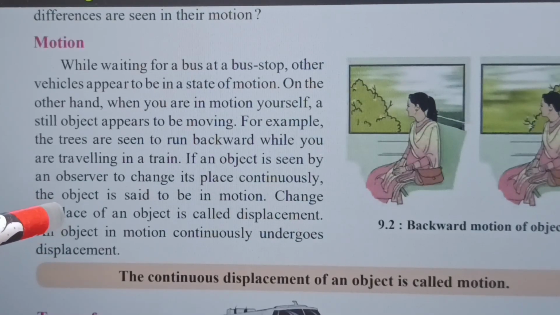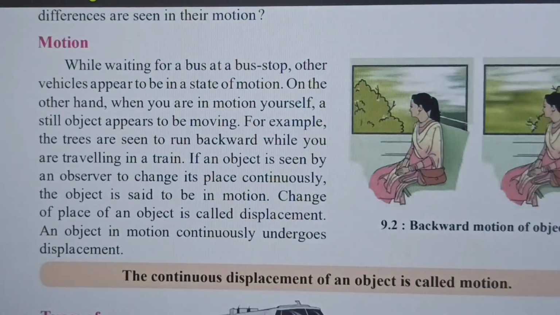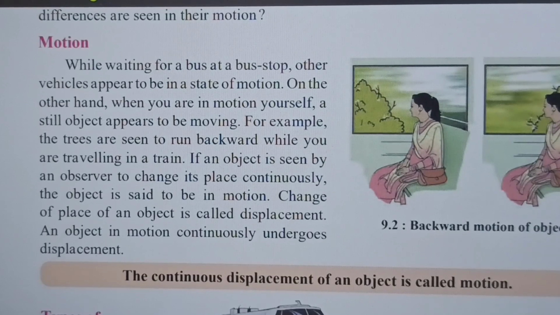So when you are moving, the other objects seem to be moving. For example, the trees are seen to run backwards while you are traveling in a train. So when you are sitting in the train, you feel like the trees and the other objects outside the window are moving backwards.